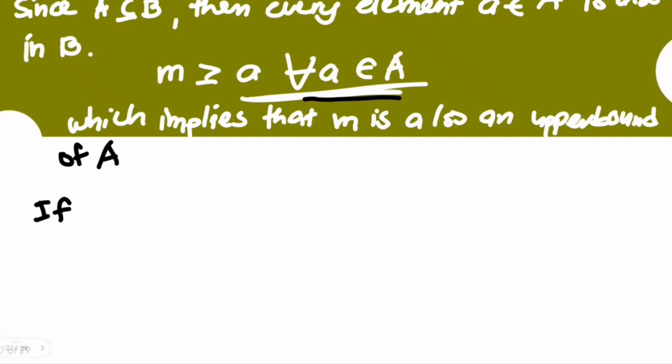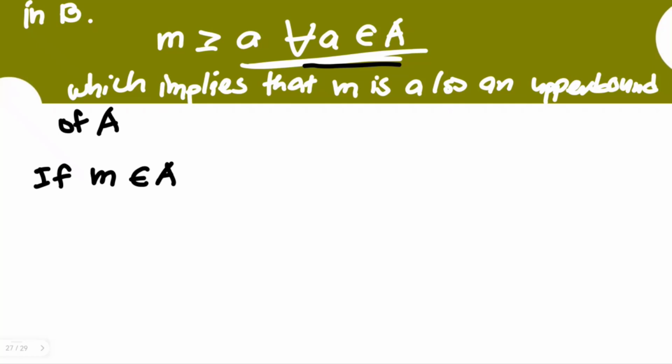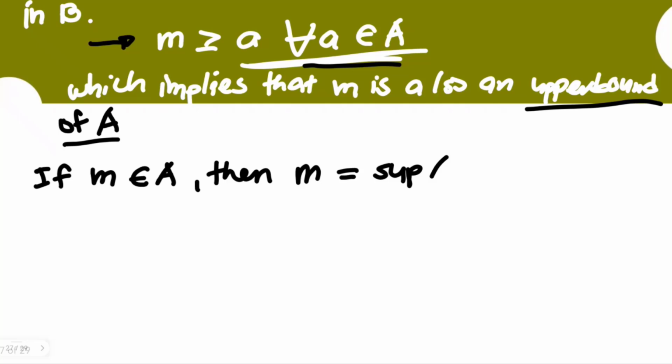If M is an element of A, and since M is already greater than or equal to all the elements of A, then M is the upper bound of A and also belongs to A. Then M is equivalent to the supremum of A, because the supremum of A is the least upper bound. And since M is already that, then M is the supremum of A.